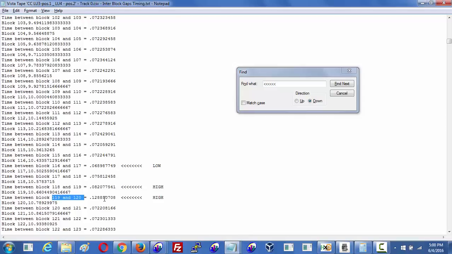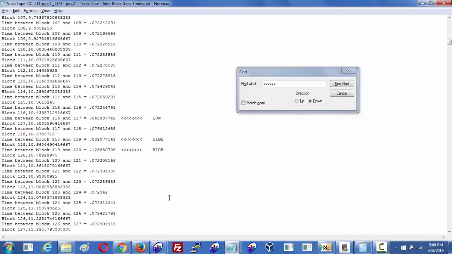So what we have are blocks that are not complete in length. Block number 117 has already been identified as having an error and being too short, as has block 119. But we can look at that and make sure that nothing else is missing in here. So let's look at that more deeply.